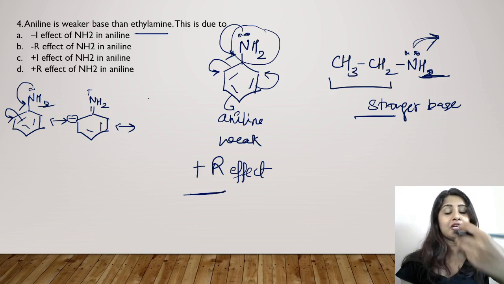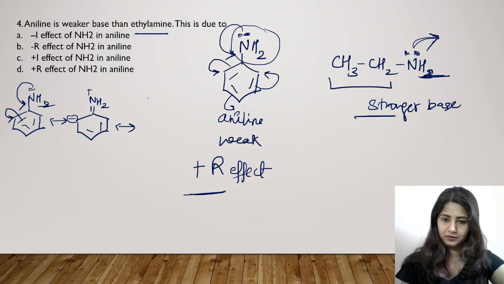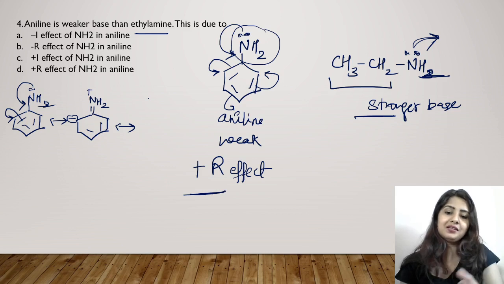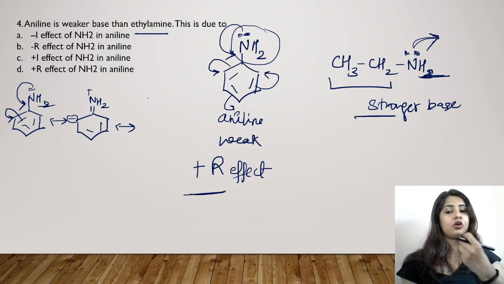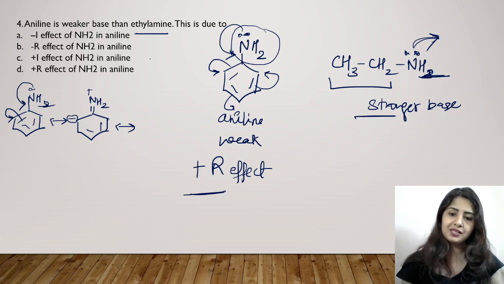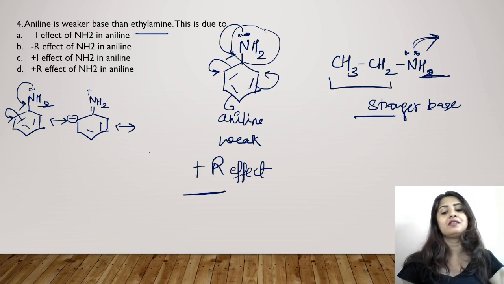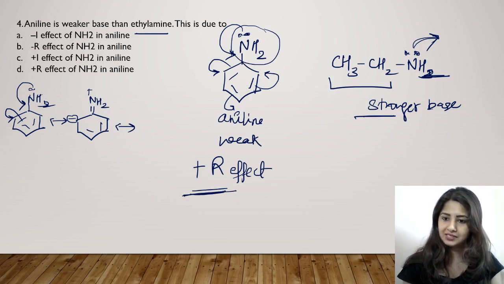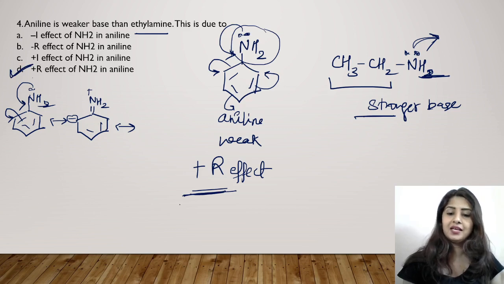It is an electron donating group. If it is minus R, it is an electron withdrawing group, right? So NH2 is an electron donating group. It will donate the electrons, and these electrons will be involved in the resonance of the aromatic ring. Do we have any option like that? Yes, plus R effect of NH2 in aniline. So option D is the correct answer.